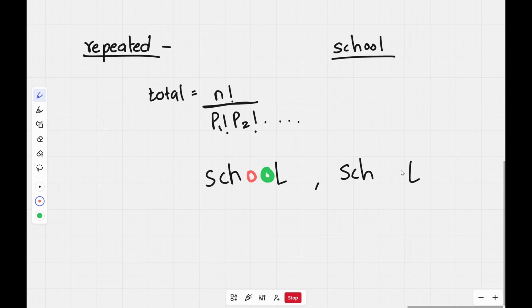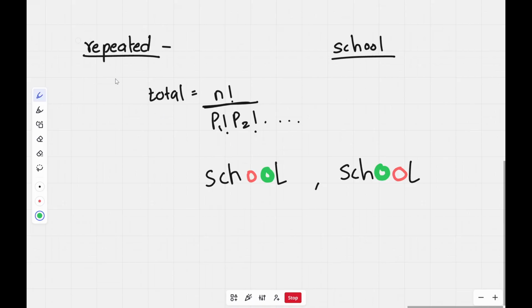So the red O comes here and the green O comes here. Now these two are arrangements which would have been counted by n factorial because it would have counted the two O's as distinct. But obviously these two are the same. If we keep this O here or this O there, that's the same thing, right? So that's why we cannot use the same formula of distinct letters for repeated letters.